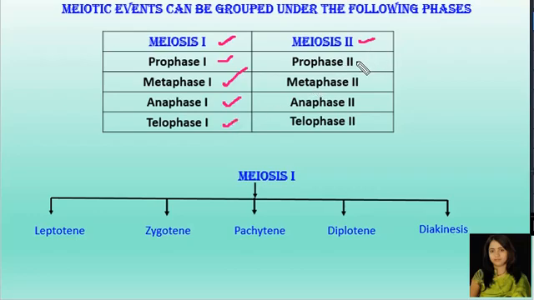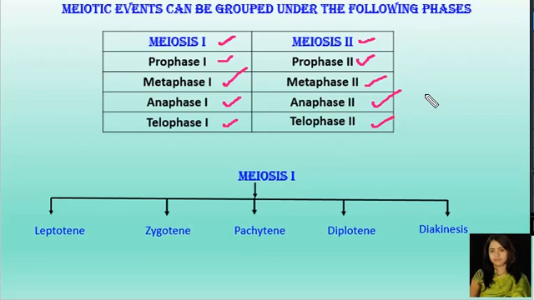Whereas under meiosis 2, again there are 4 stages: prophase 2, metaphase 2, anaphase 2 and telophase 2. Meiosis 1 is a reductional division where the chromosome number is reduced, whereas meiosis 2 is an equational division like that of mitotic division.